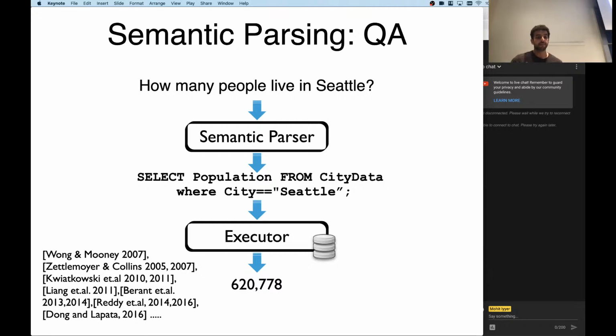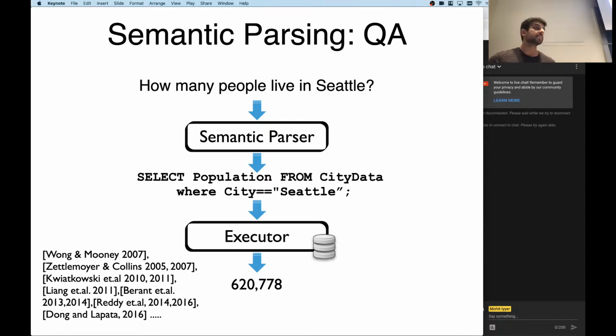If you want to use the database, which you should in all cases, you need to come up with some SQL query that you can execute over the database, but your only signal could be, is the answer you get from running your SQL query equivalent to the one that's in your dataset?